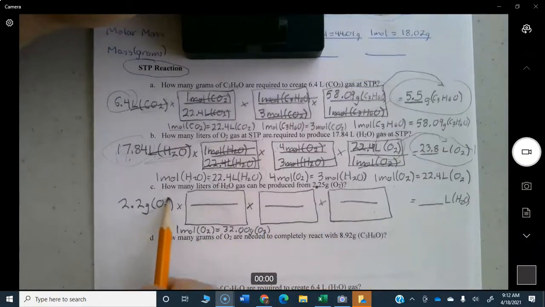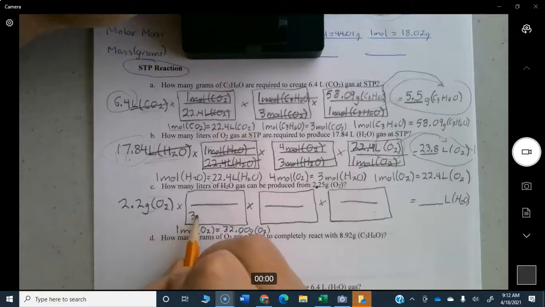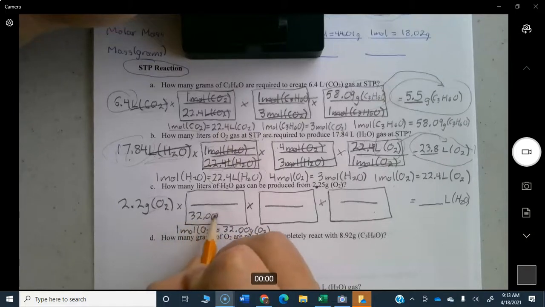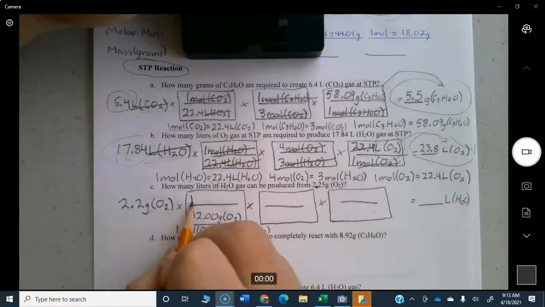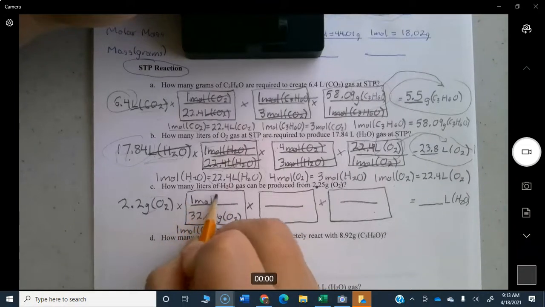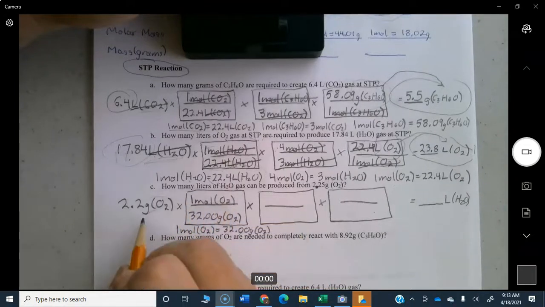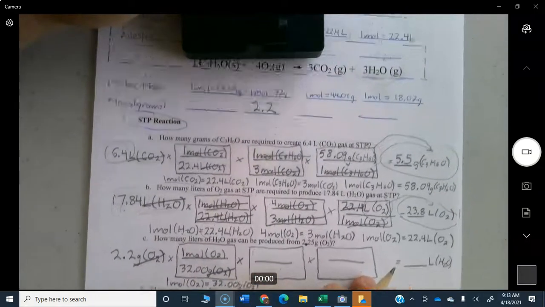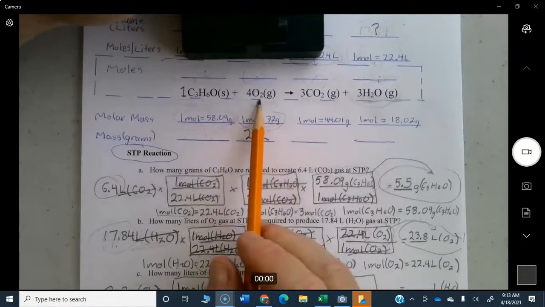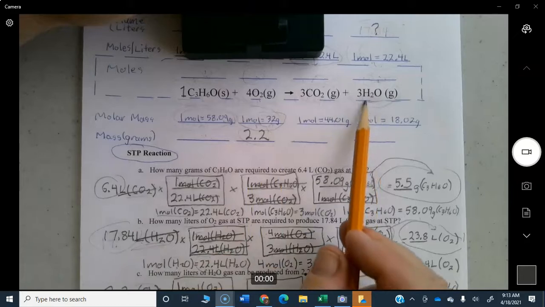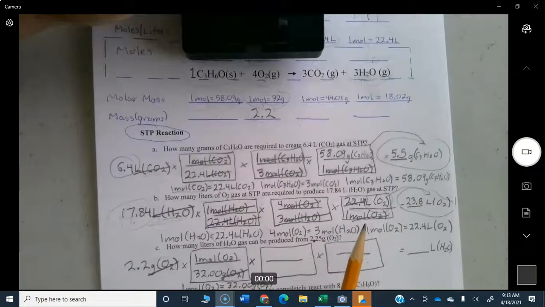It's got to be the same as this one right here, grams of O2. Grams of O2 cancels and cancels there. Okay, now your second conversion is 4 moles of O2 equals 3 moles of H2O.